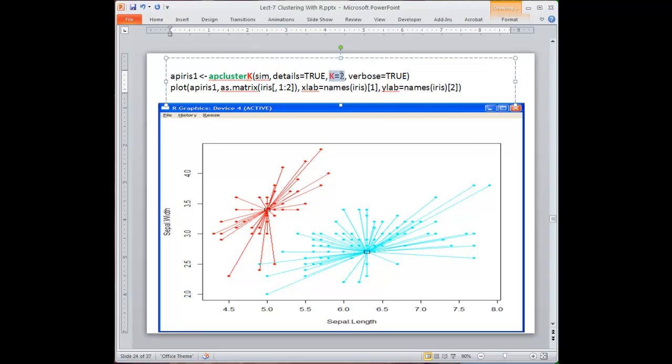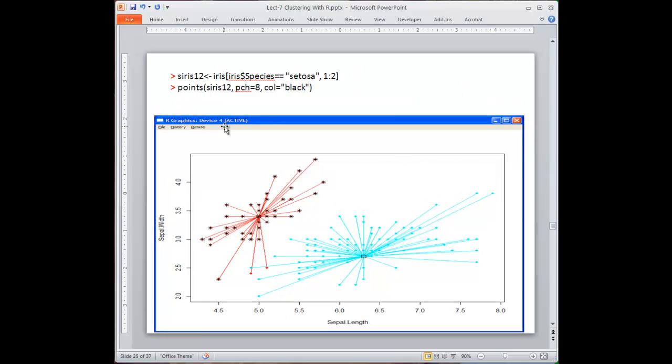I said K equal 2, and here I'm saying give me details, and give verbosity in terms of showing me what's going on. And if I plot exactly the same thing that I did in the AP clustering, here I said give me the two clusters, and you can also superimpose the points that are in this cluster. Here I am superimposing the setosa.